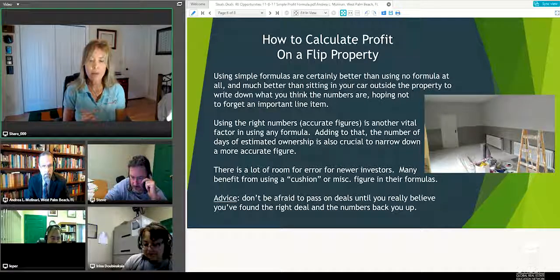I put a $5,000 cushion in my numbers all the time. And if it's a bigger renovation, something like, wow, this house really needs everything, I might put $10,000 in. So it really depends on what I'm looking at and how quick I have to make a decision.